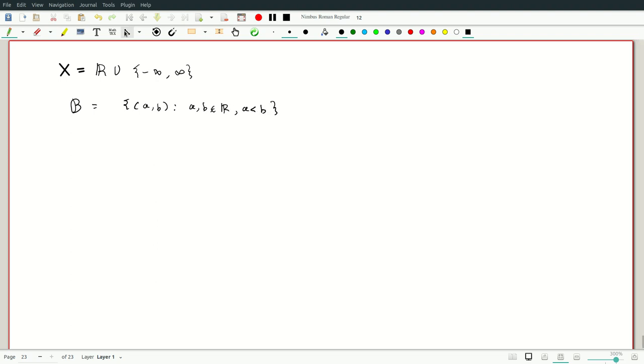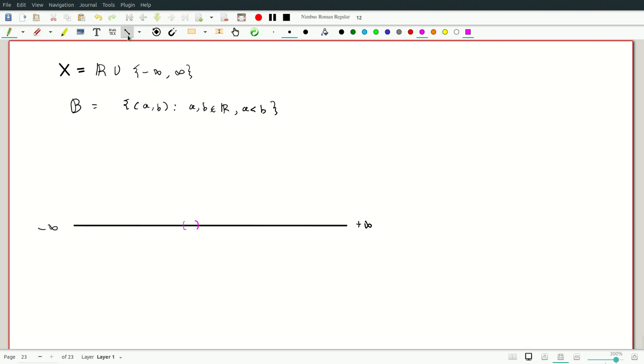So let's have our line sitting here, and it's infinite, but way out there you imagine there's a plus infinity, and way out here a minus infinity, and our first kind of open sets are intervals.